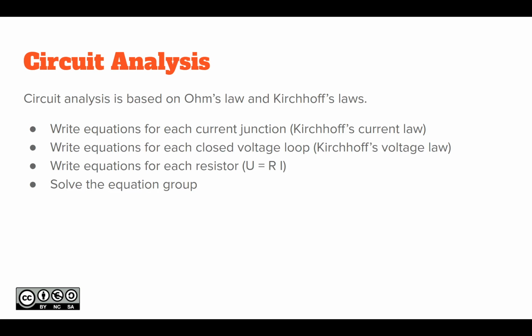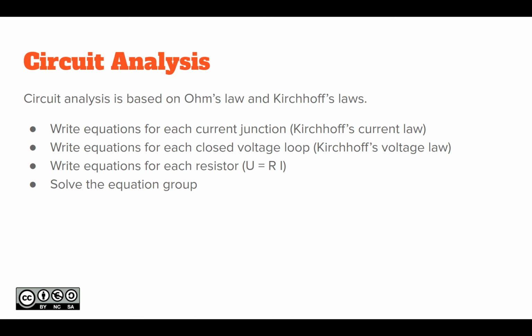So the circuit analysis basically comes down to these very simple rules. You write the equations for each current junction, equations for each closed voltage loop, and equations for each resistor, and then solve the equation group.